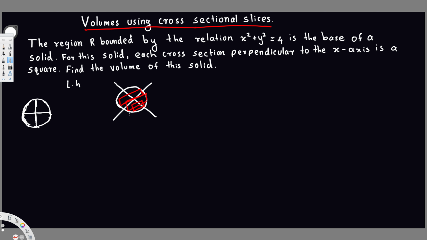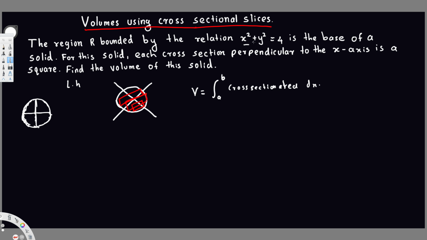The equation of the circle is x squared plus y squared equals 4, but the equation we are going to use is volume equals the integral from a to b of the cross-sectional area dx. So we have to write this in terms of x.